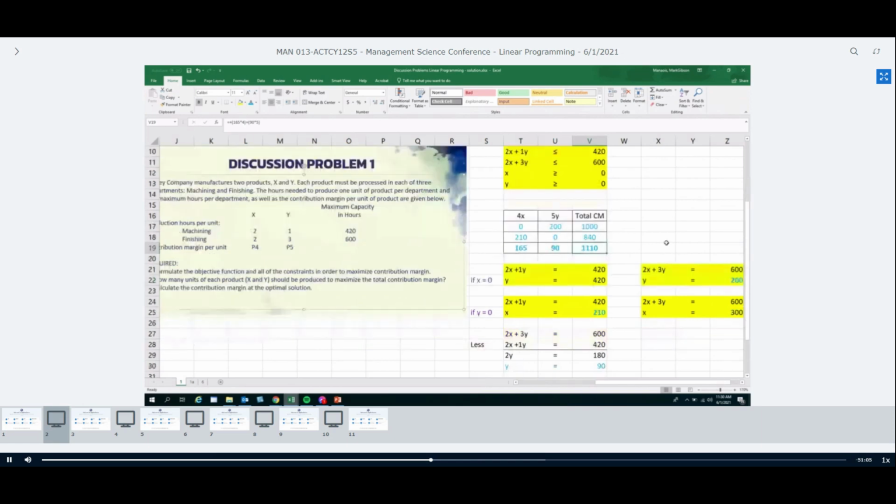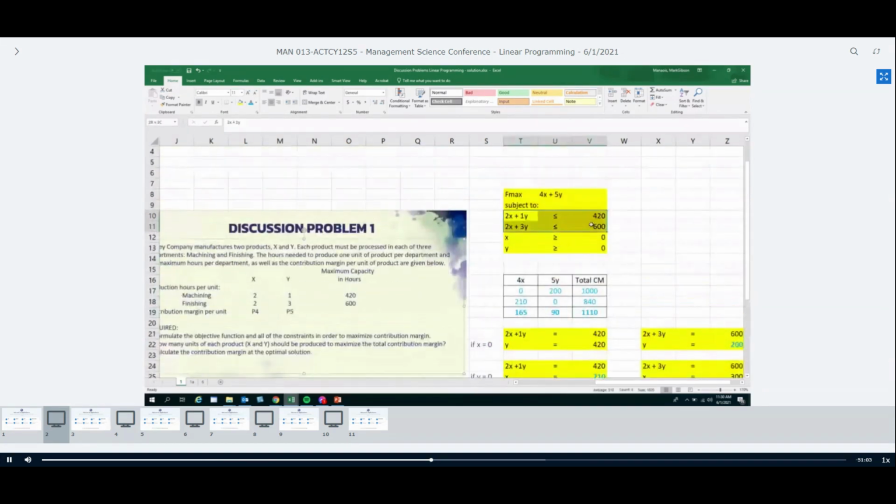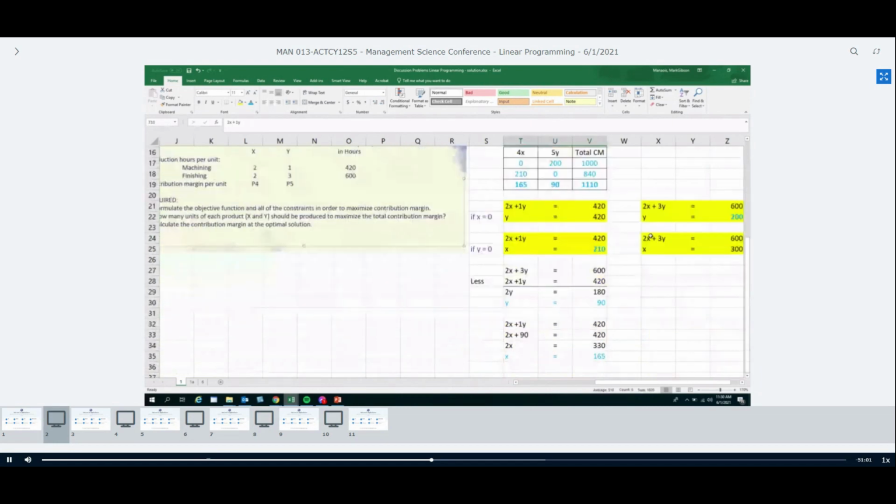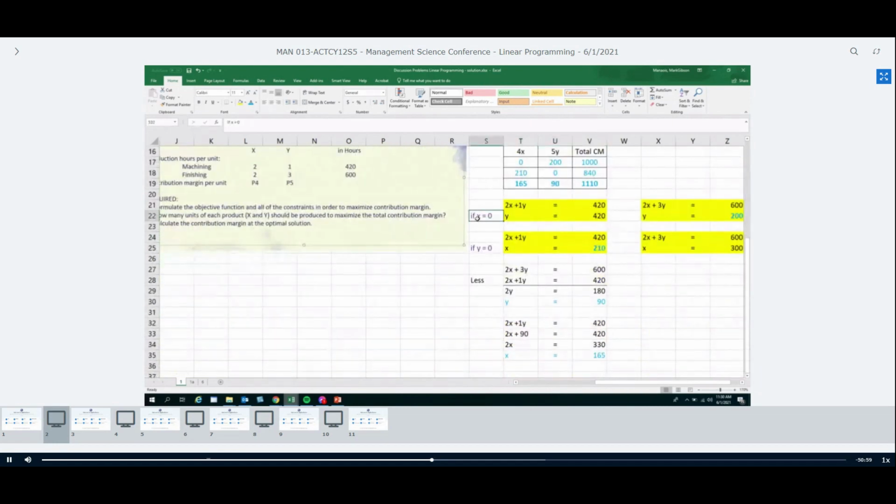And then using the constraints, nag-assume lang tayo una if x is 0 to get the y. And then next step is assume that the other product is 0 to get the value of the other product.